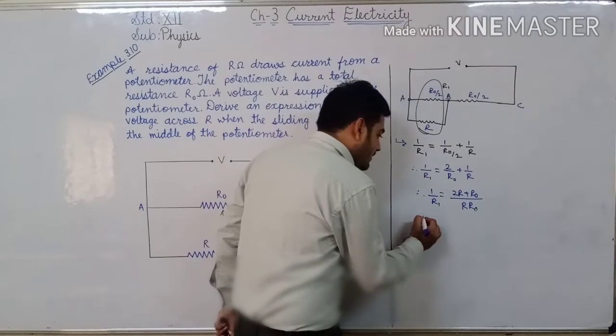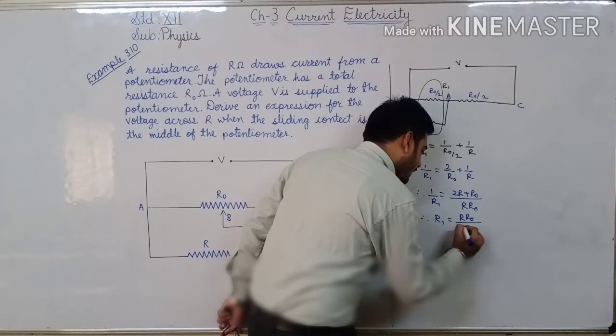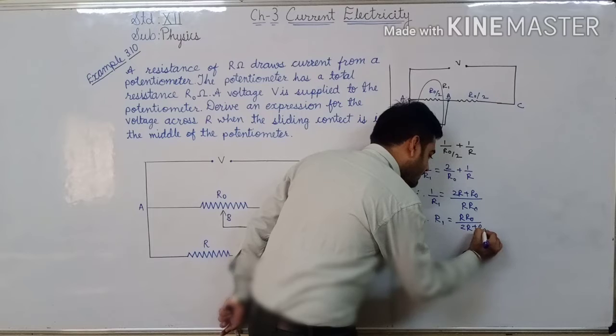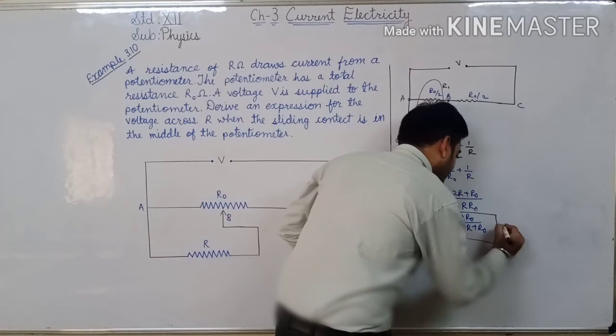Therefore R1 is equal to R naught R upon 2R plus R naught. इक्वेशन नंबर 1.